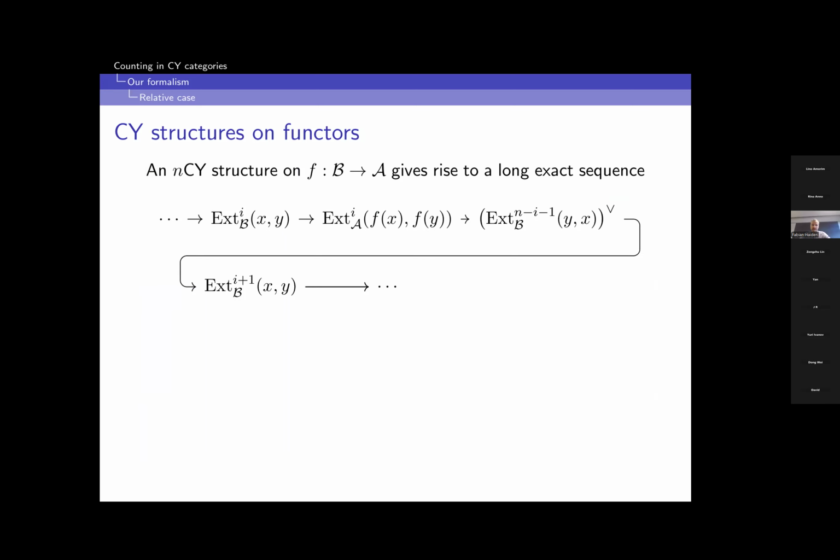Is it equivalent to what Brav and Dyckerhoff called a Calabi-Yau category with boundary? I'm not sure they call it that, but they call it a relative Calabi-Yau structure. Yeah. I'm asking because there is a further generalization, which is not published, but is part of our work with Maxim on Riemann-Hilbert, Calabi-Yau with corners.